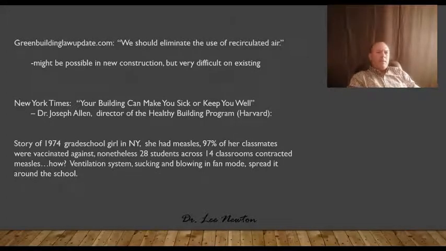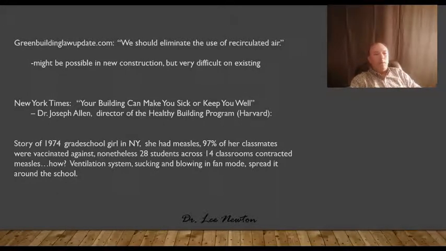The New York Times had a piece from Dr. Joseph Allen, director of the Healthy Building Program at Harvard, and there will be a link in the reference section. He told the story of 1974 in an elementary school in New York. A girl had measles. She didn't know it at the time because there's an incubation period. 97% of her classmates were vaccinated against measles.